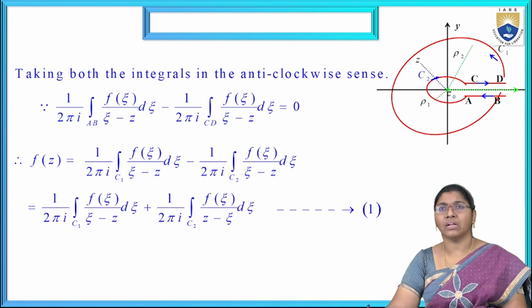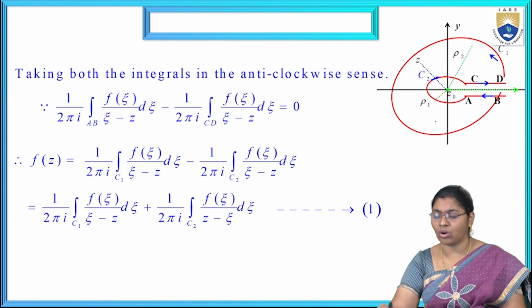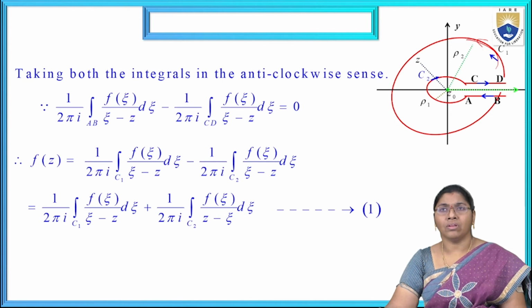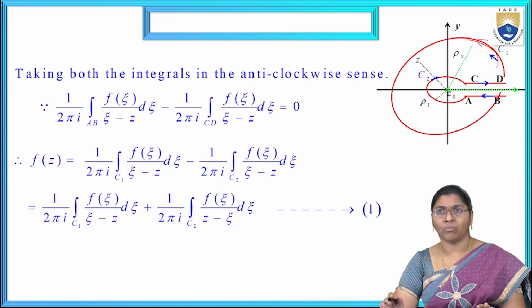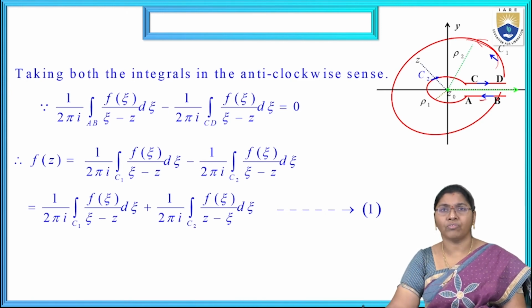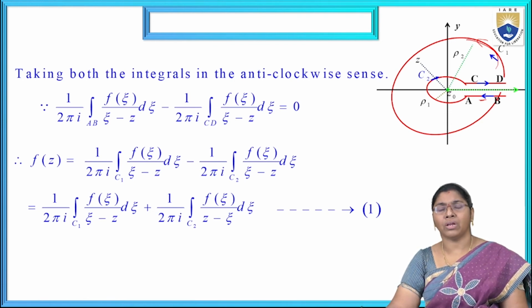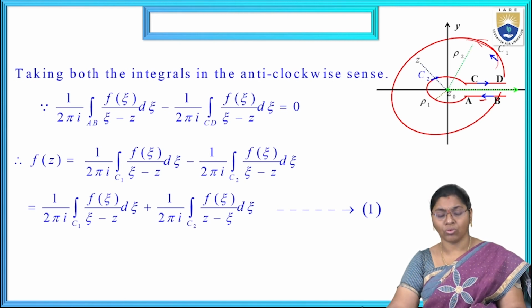Taking both integrals in the anti-clockwise direction, compulsorily we are considering the anti-clockwise direction. Since 1 by 2 pi i integral over AB of f of z by z minus z naught dz minus 1 by 2 pi i integral over CD of f of z by z minus z naught dz equal to 0.